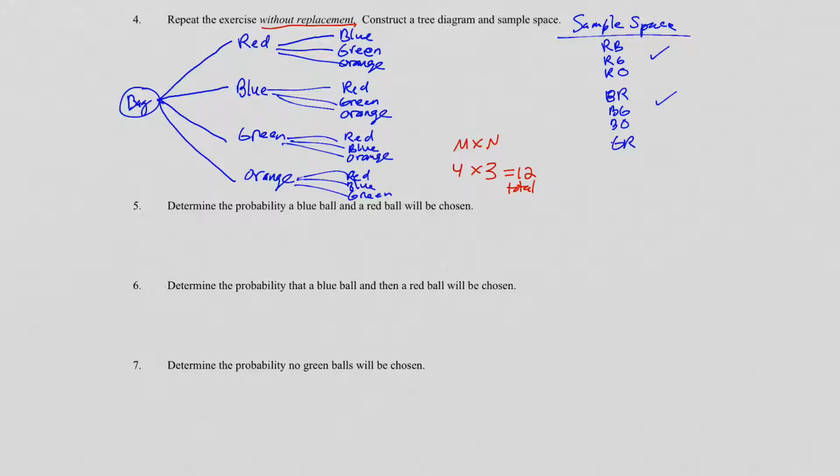We're going to have green, red, green, blue, green, orange, orange, red, orange, blue, orange, green. And as you can see, guys, 4 times 3 is 12. So we have four groups of 3, which is 12 total. Okay, so this works.